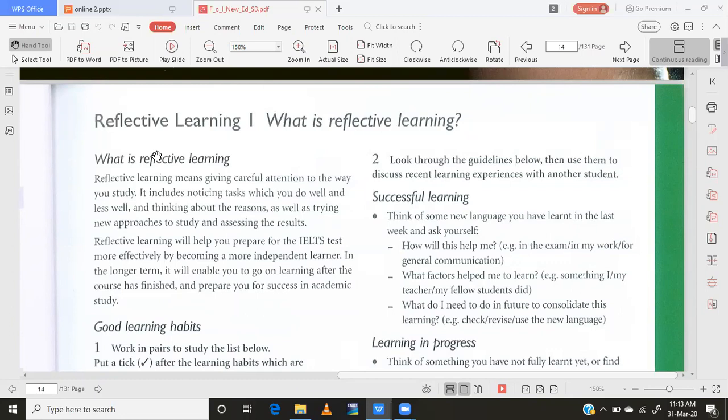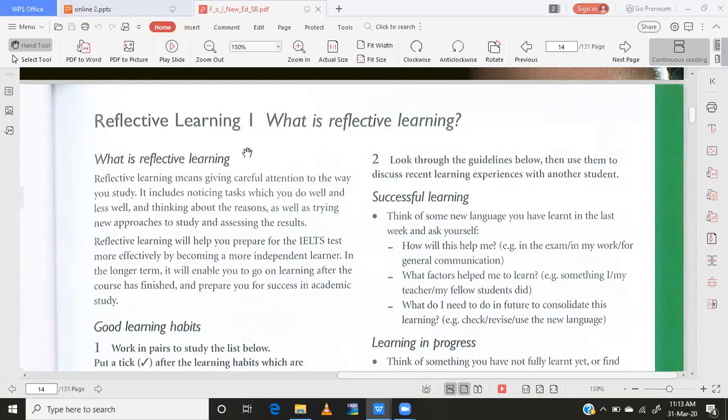Now I'll read through the introduction part. You may follow me. What is reflective learning? Reflective learning means giving careful attention to the way you study.